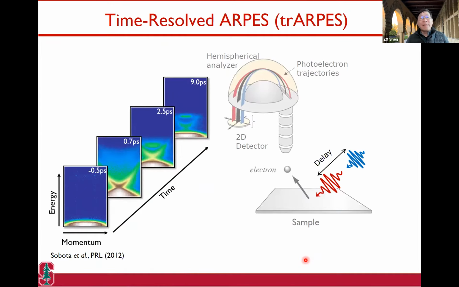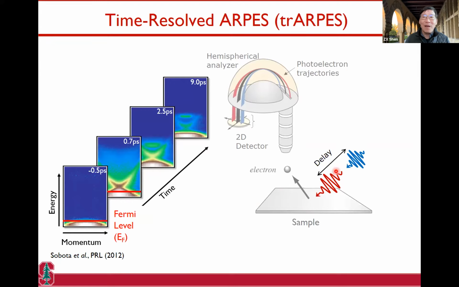Okay, so the technique we're using is time-resolved photoemission. Here's a spectrum. Instead of traditional photoemission with one photon, now you have two photons, one pump and one probe. In a conventional photoemission, you only see states below the Fermi level. Now you can see that before your pump arrives, everything is below the Fermi level.